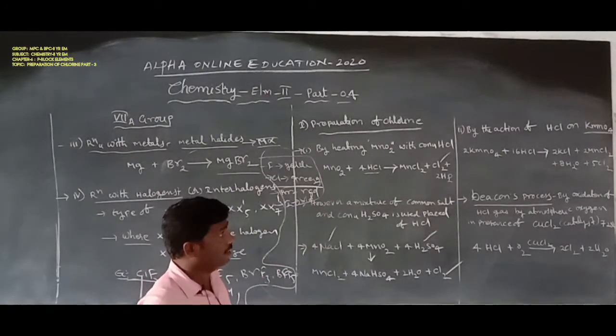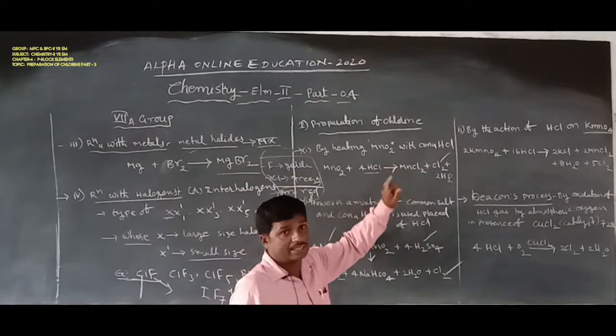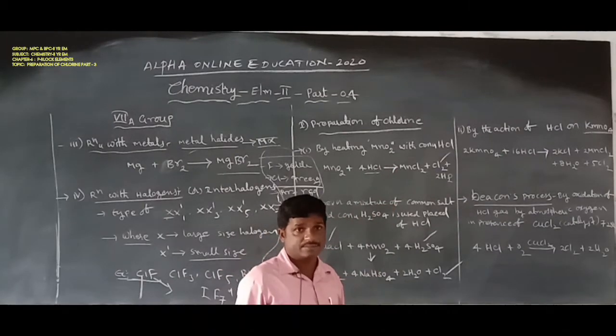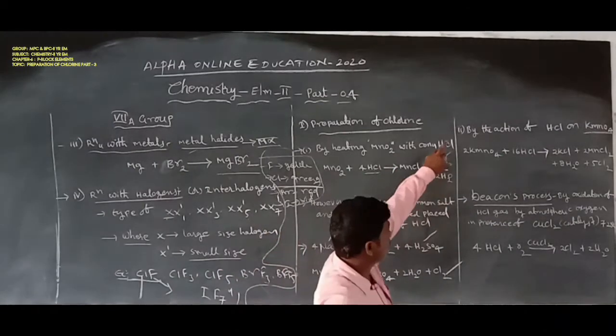The second one is the action of hydrochloric acid with potassium permanganate, which forms chlorine.